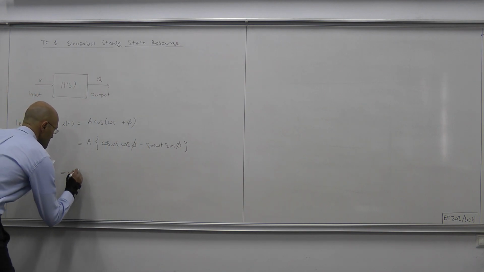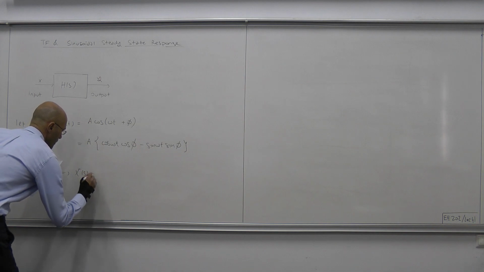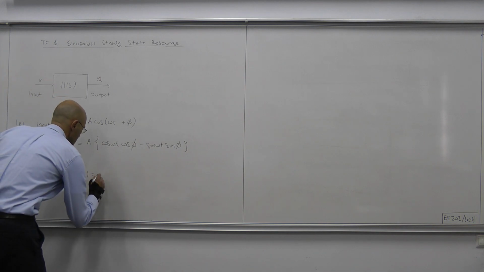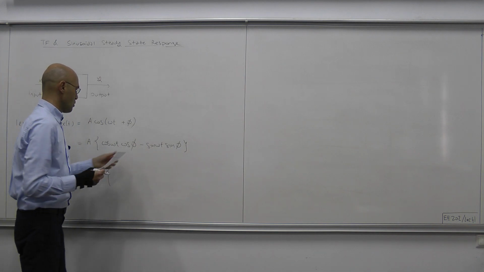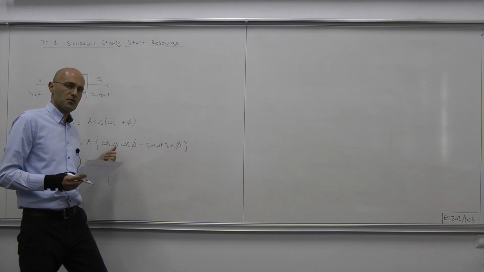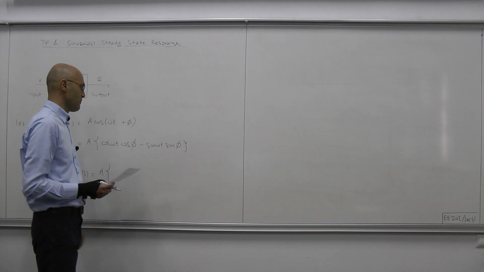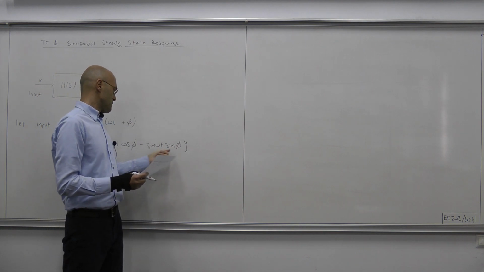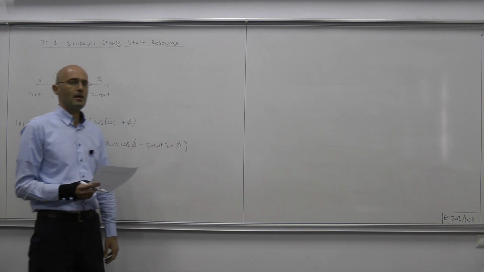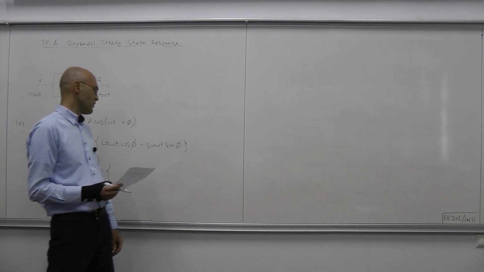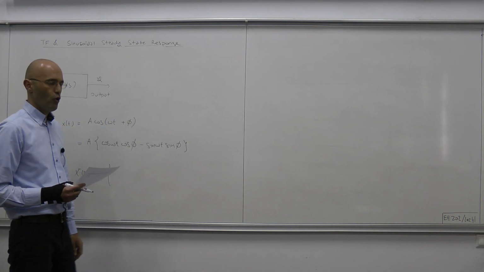This produces x of s equals a times cosine phi times the Laplace transform of cosine omega t, which is s over s squared plus omega squared, and likewise minus sine phi times the Laplace transform of sine omega t, which is omega over s squared plus omega squared.